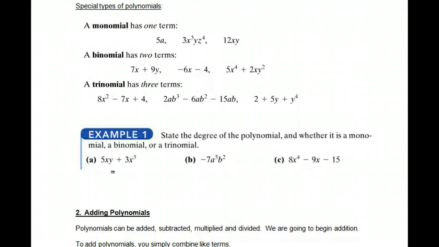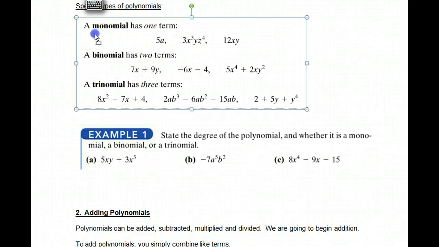Now, we did mention that the prefix poly meant many, thus indicating that we generally are going to be dealing with many terms. But that's not always true. One reason is that we have what's called the monomial. And a monomial is a special type of polynomial in which we only have one term.